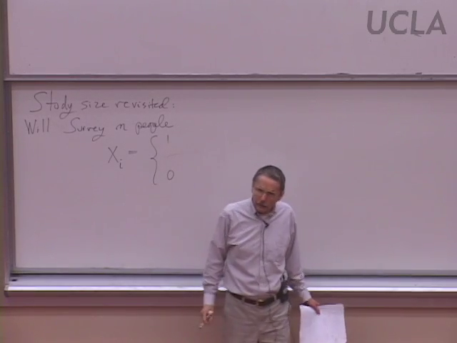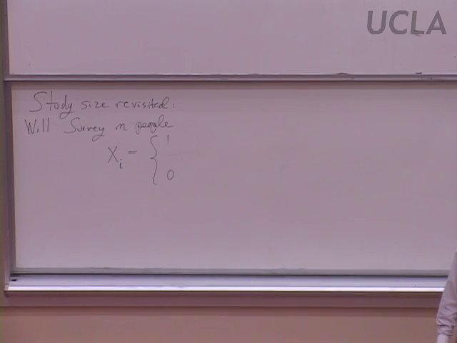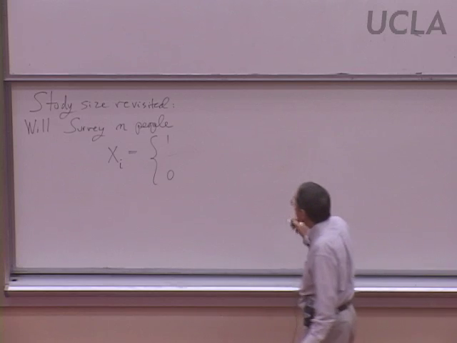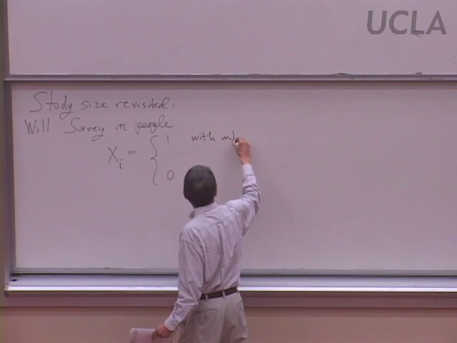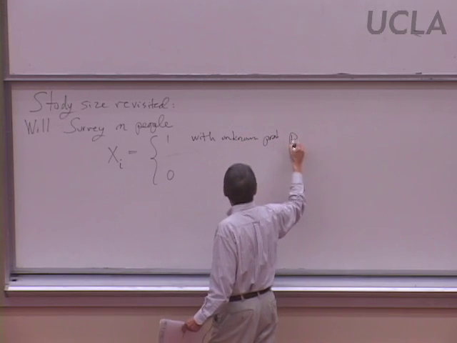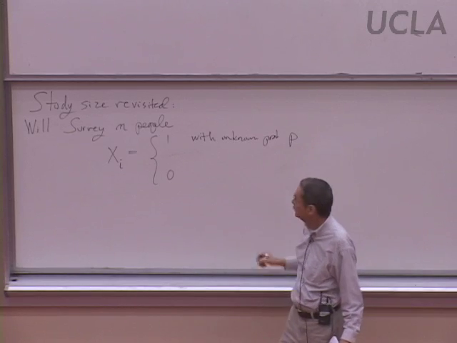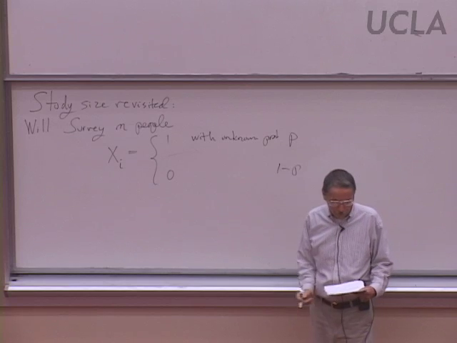X of i will be 1 if the ith person in the survey has seasonal affected disorder. So it's 1 with some unknown probability p, which we're trying to determine. Or it's 0.